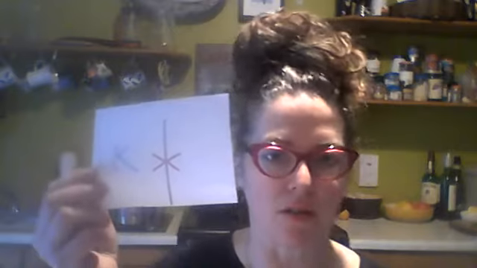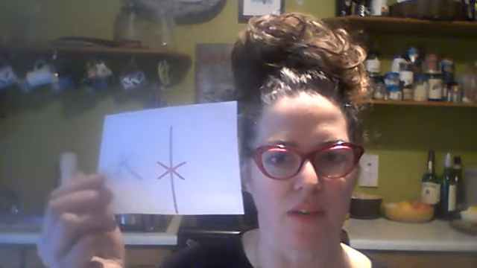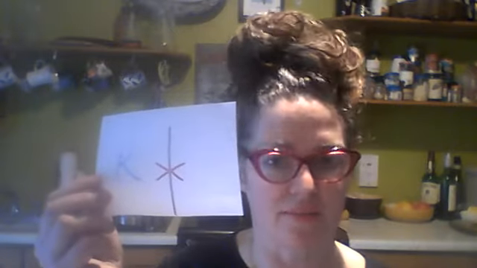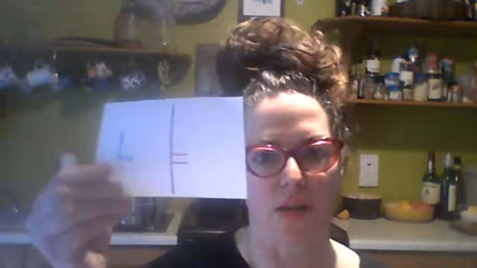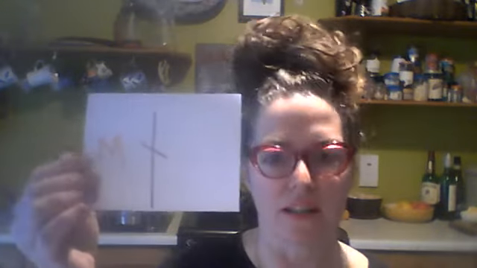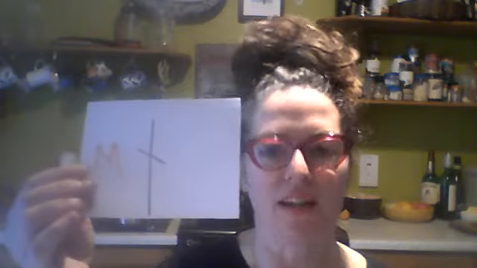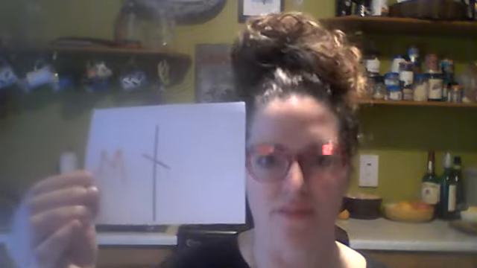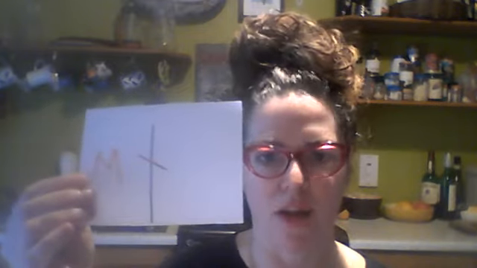The K sound is also represented by a crisscross, like an X. L, 2 lines to the right. M, one line diagonally across the central line.